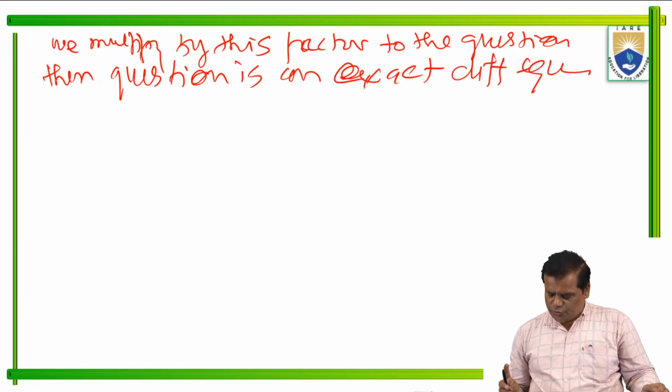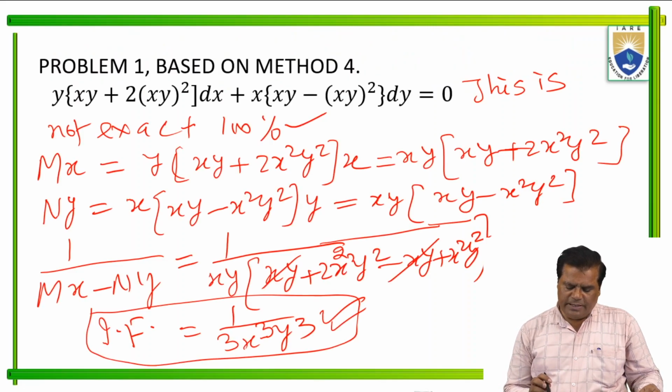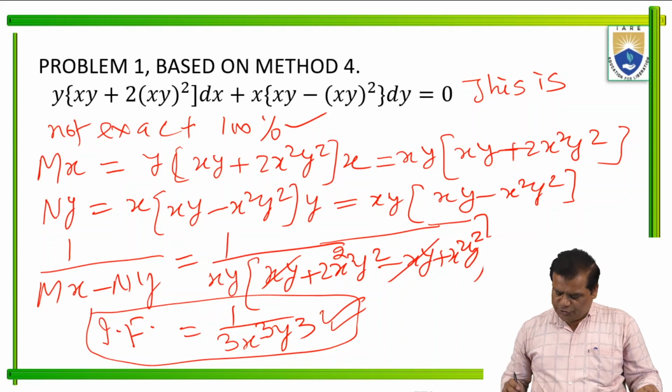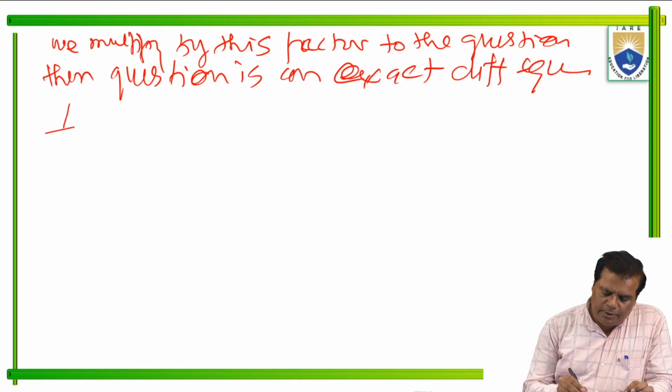Okay. So now multiply by this in each term. 1 upon x cube y cube multiplied in the equation. So I am writing here 1 upon x cube y cube.